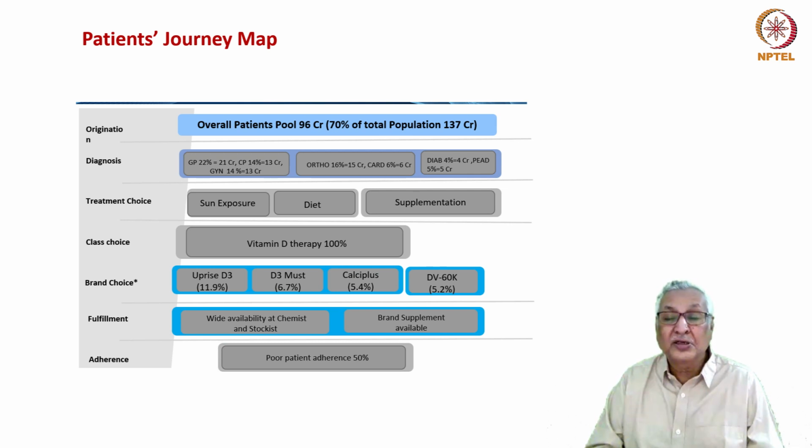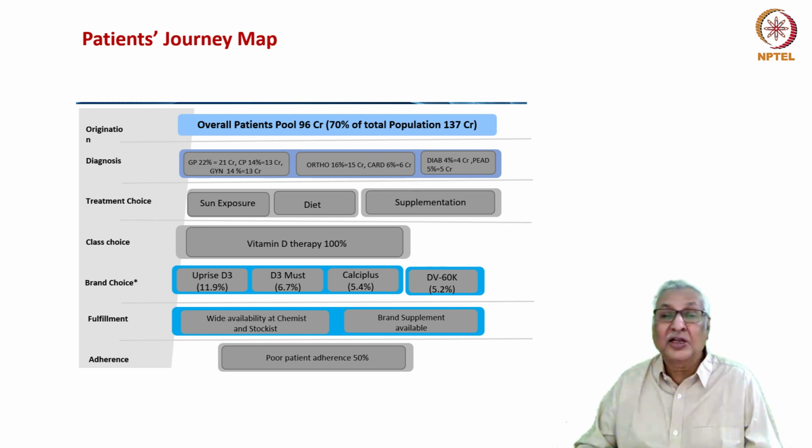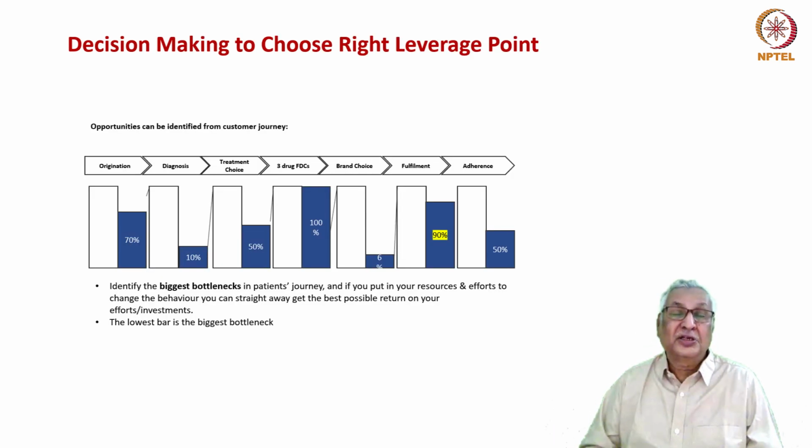And how do you do that? Wide availability at chemists and stockists based on the prescriptions that are generated, and then take care of the poor patient adherence, which is at 50%, and that will help you achieve good journey along with the patient. And how does the funnel work for this kind of product?